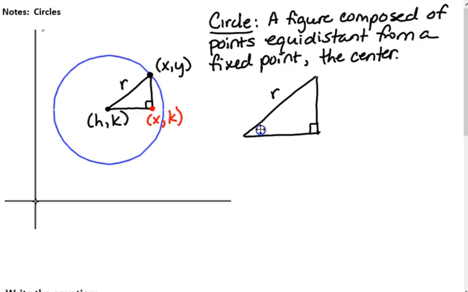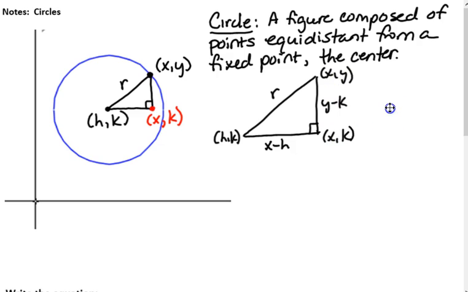So if this is R, and this is the point H, K, and this is X, Y, and this is X, K, then this distance here is going to be x minus h. And this distance here is going to be y minus k. So this is the difference in the x coordinates that have the y coordinate k here. This is the difference in the y coordinates that both have the x coordinate of h.